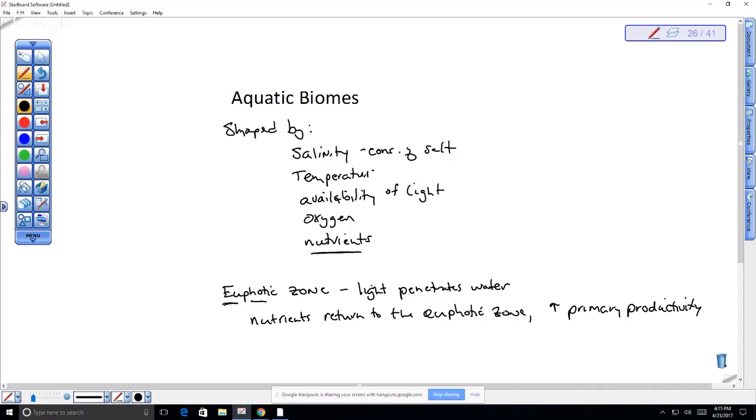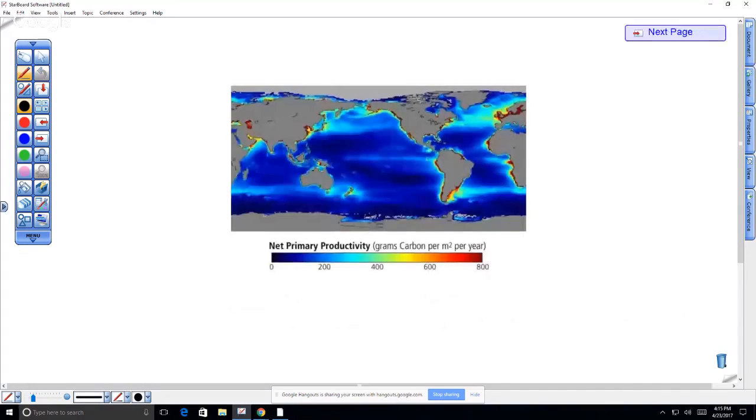When you look at the high primary productivity, you notice that we see the most primary productivity close to the shore. That's because those are shallow areas where light can penetrate and where there are high nutrients. When you look in the middle of the ocean, it has very low primary productivity because it has little nutrients.